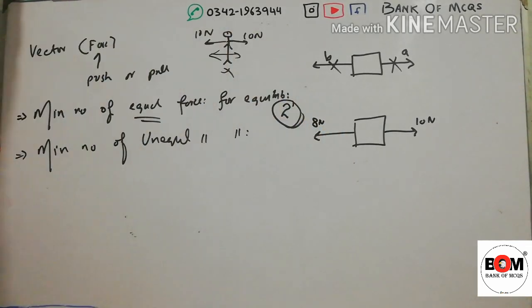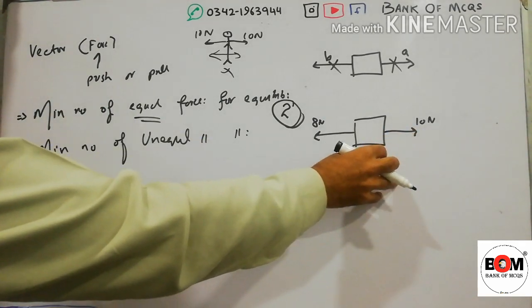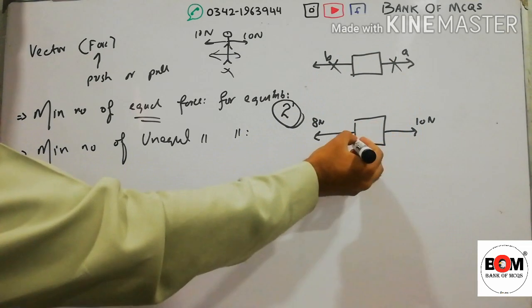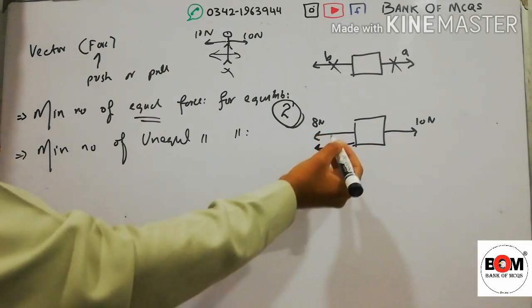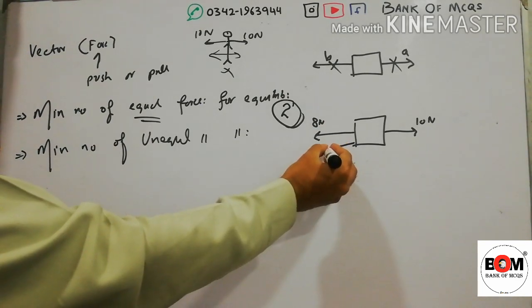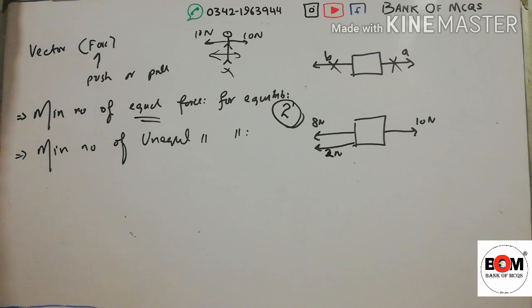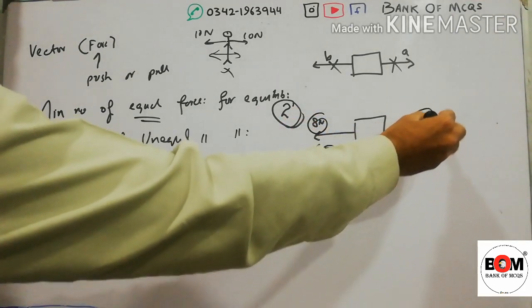So how will it be in equilibrium? If we want it not to change its position, we will pull it also with an extra 2 Newton force, and another third force is a must for a body to be in equilibrium. So the minimum number of unequal forces is 3.